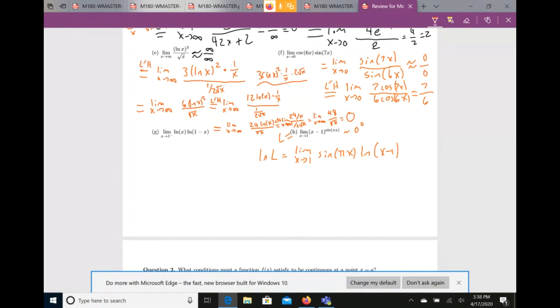So now if I plug in 1, this looks like 0 times negative infinity. The trick here is to move one of the terms into the denominator.